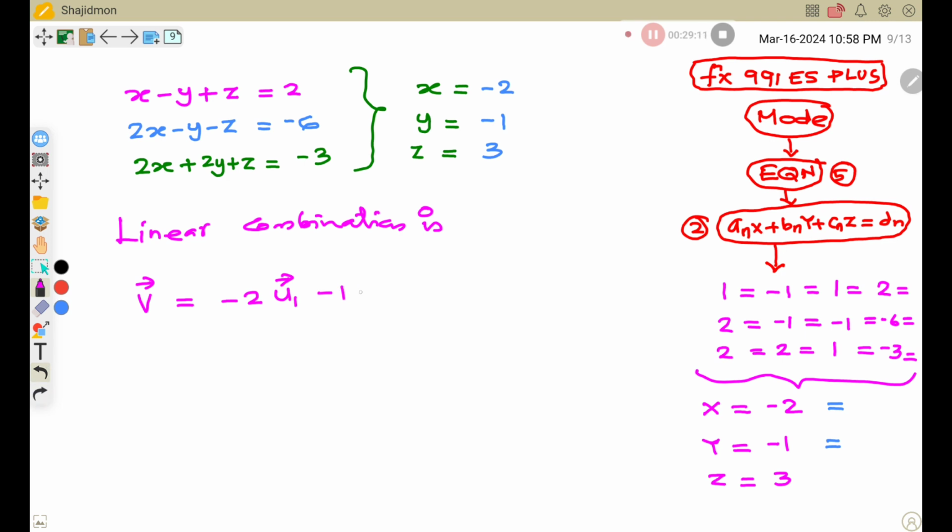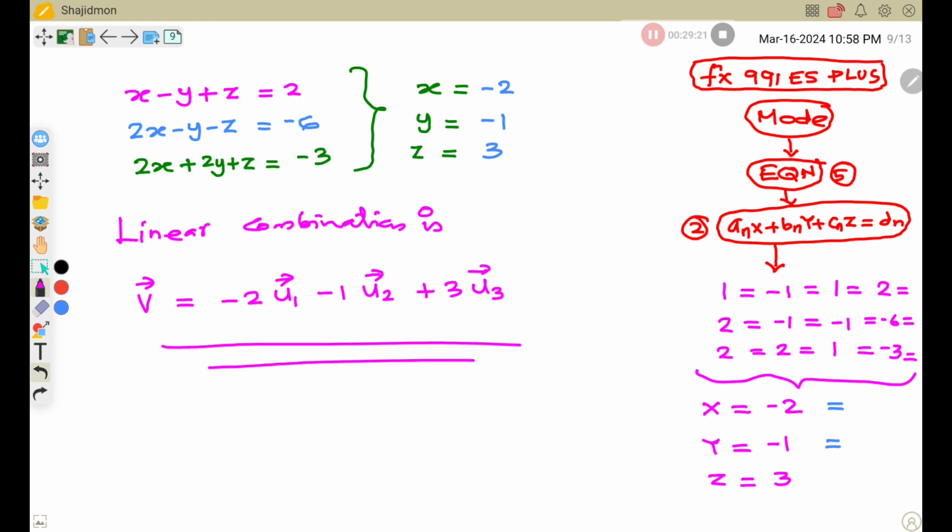So minus 1 multiplied by vector u2, plus z, that is 3 multiplied by vector u3. Okay, so this is the linear combination in that question. I hope this is clear.